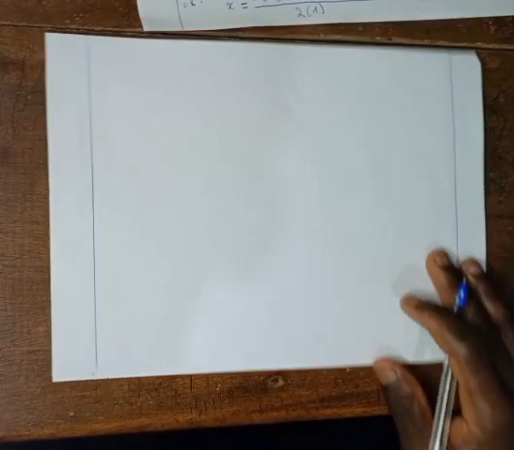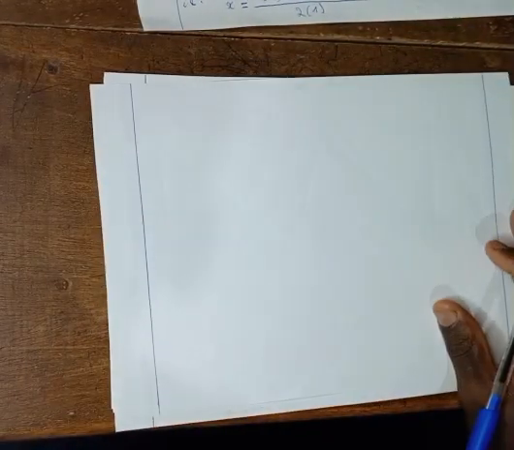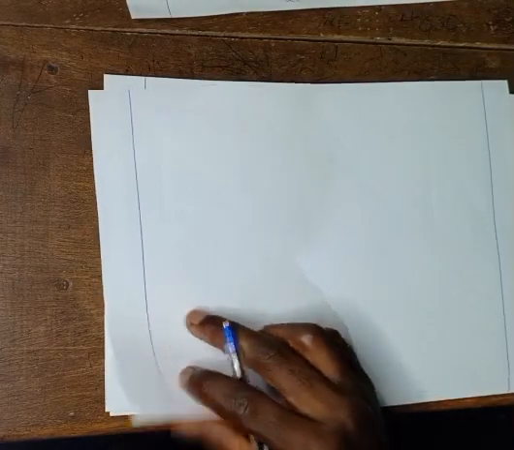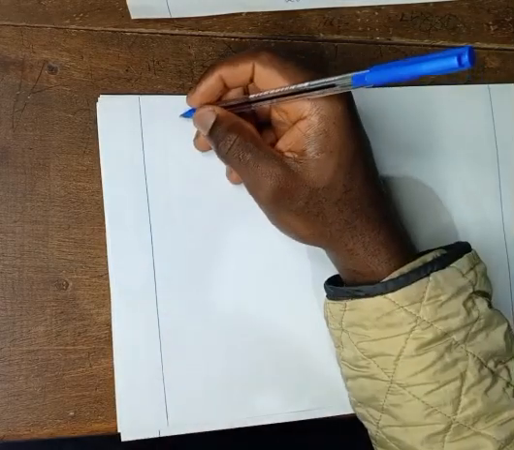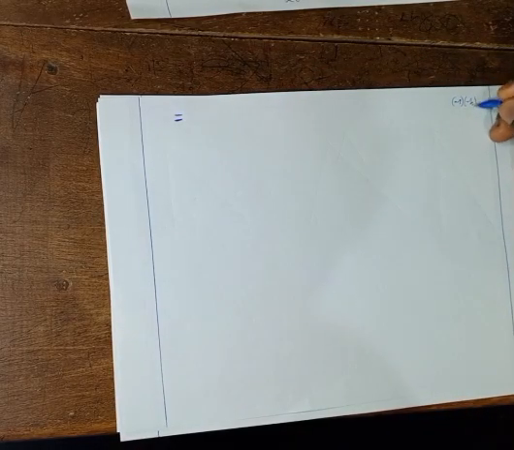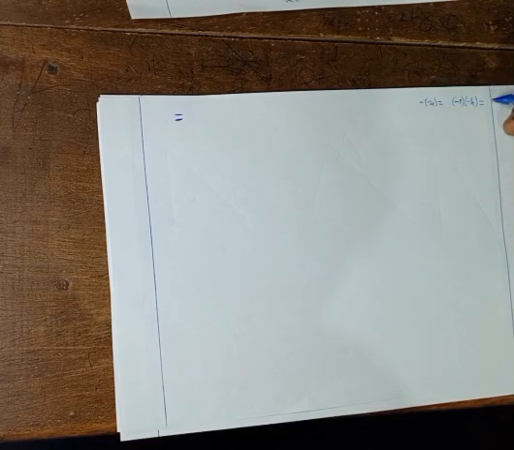Next, now we have to simplify. This will give us negative, if we take negative 1 times negative 4, because we know negative 4 is the same as negative 1 times negative 4.